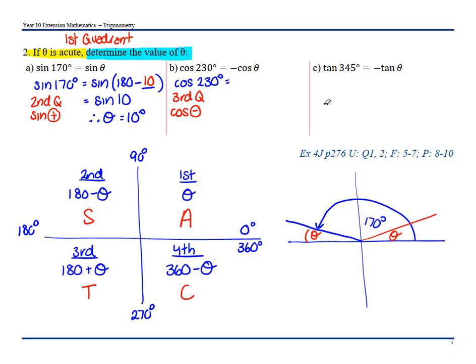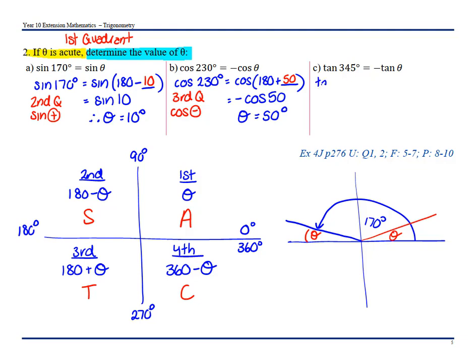So in my third quadrant, I write them as cos of 180 plus something. 180 plus 50 is equal to 230. Cos is negative in our third quadrant, so it's negative cos of 50. So theta is 50 degrees.